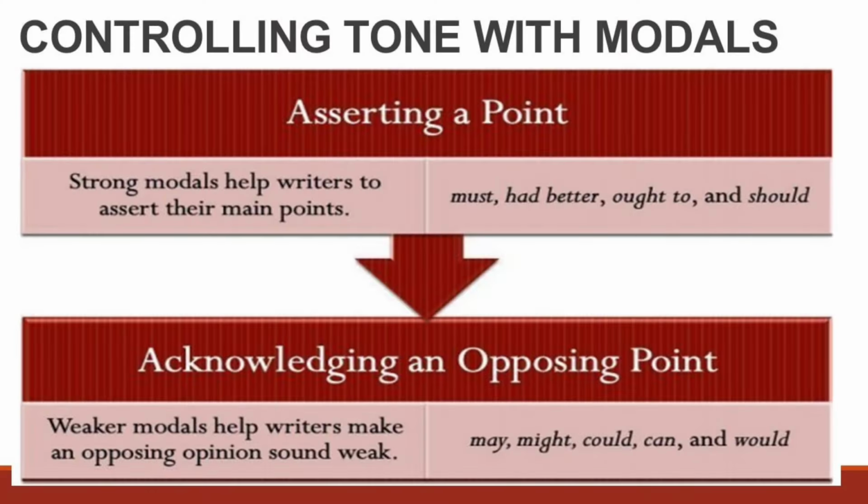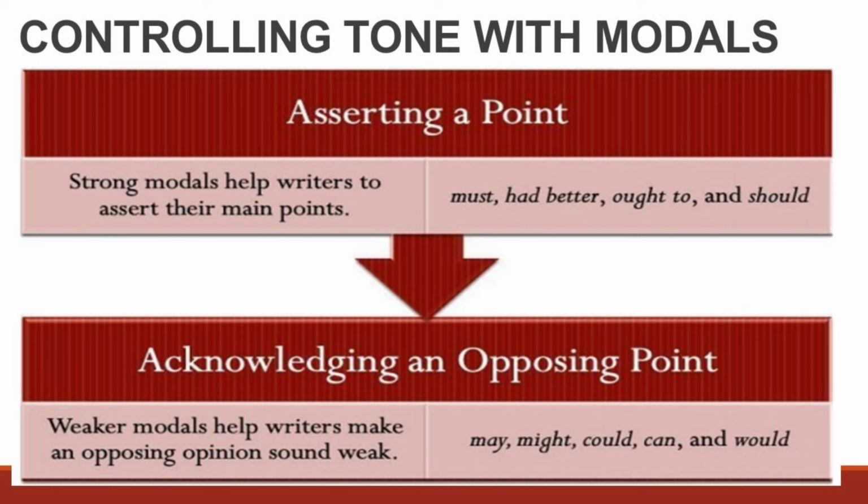So in controlling the tone with modals in writing an argumentative text, we have asserting a point and acknowledging an opposing point. For asserting a point, strong modals help writers to assert their main points. When we say assert, it means to confidently state or declare something as true.